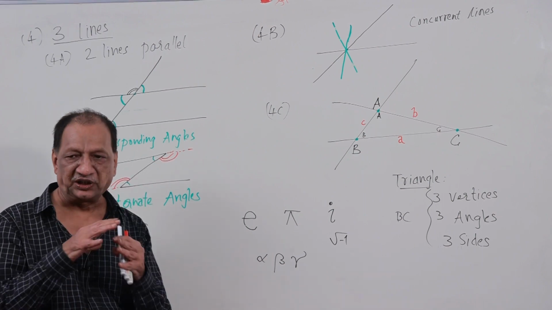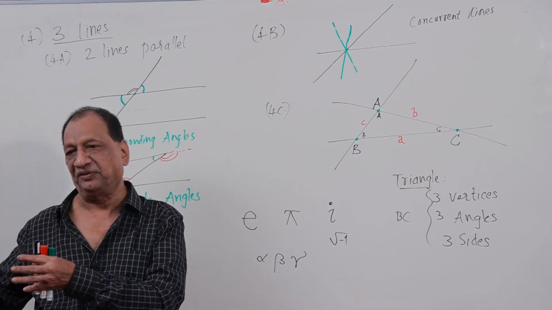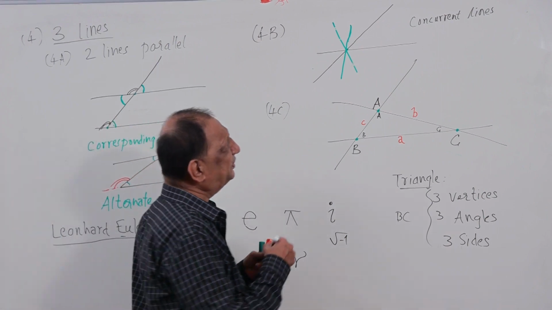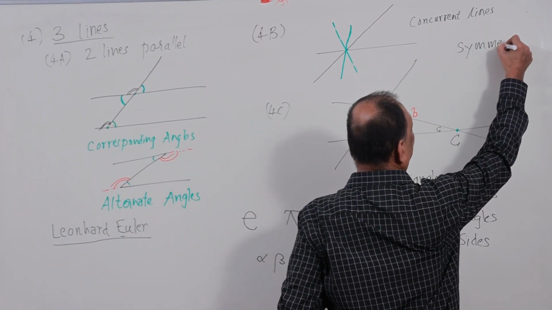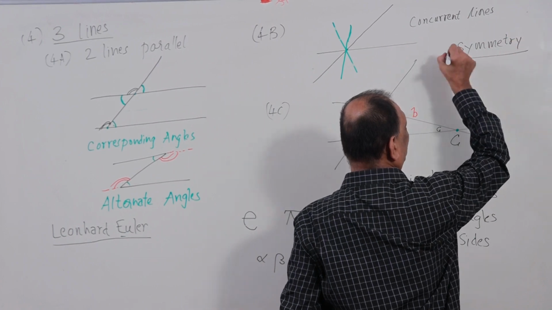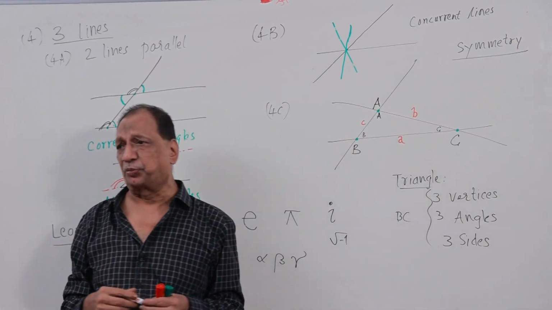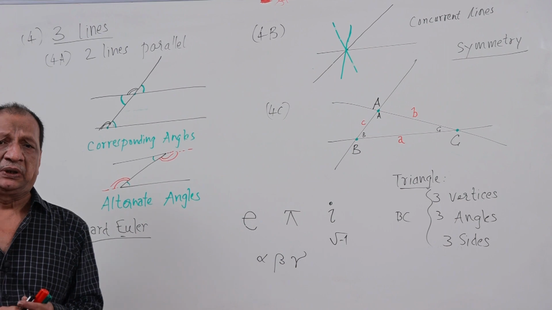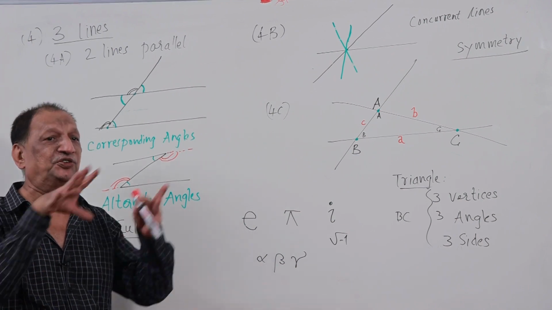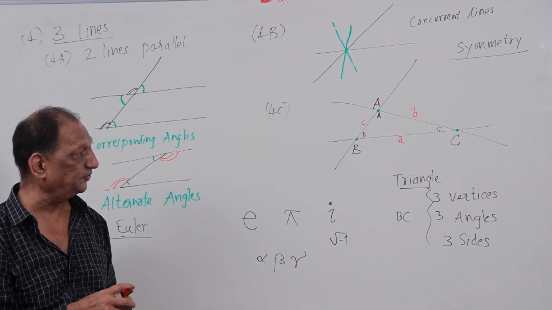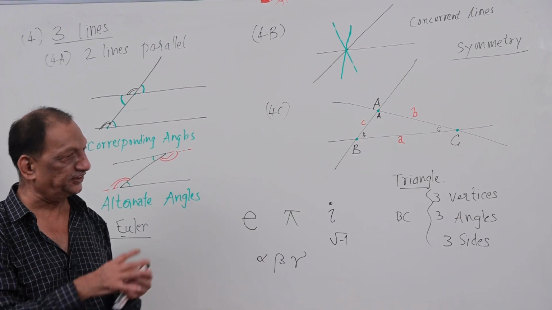Many of the proofs look very symmetric. So we are looking at some kind of symmetry. Symmetry is very important. I will show you a couple of examples of symmetry as we progress, and you will be able to appreciate what I am talking about right now when I show you those aspects of symmetry, correct? So that is very nice.